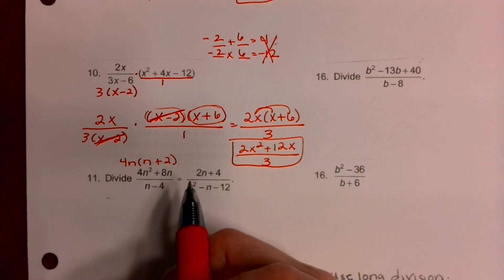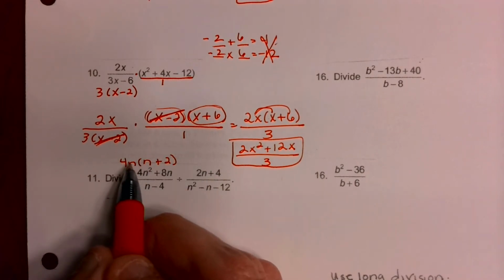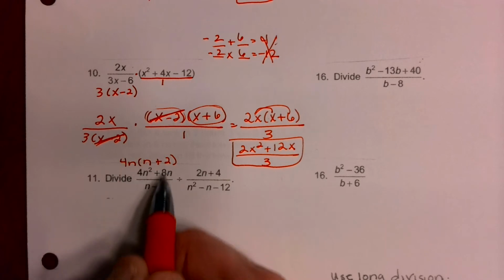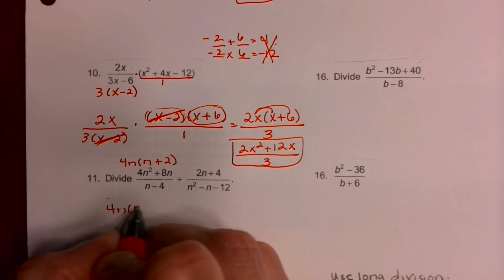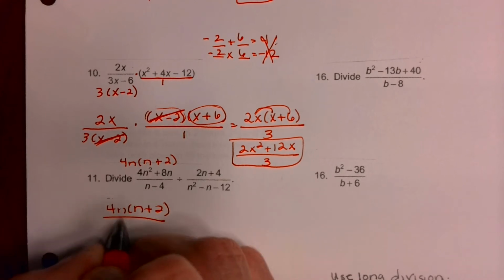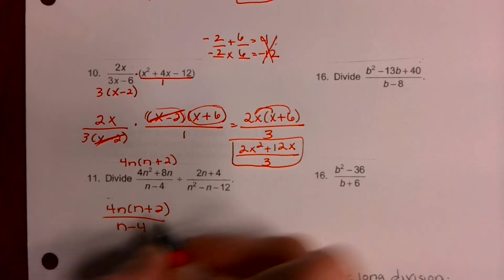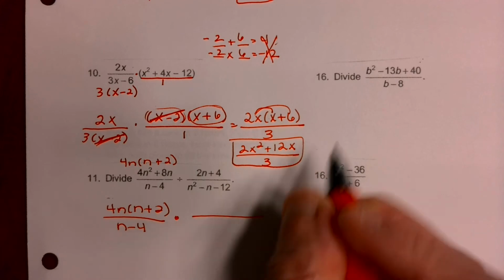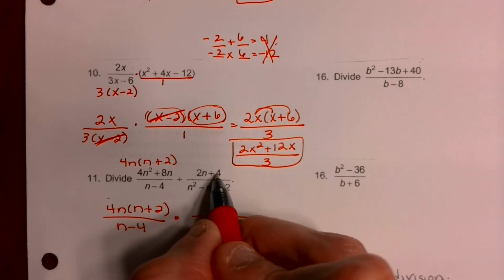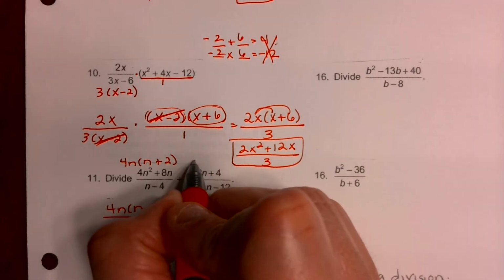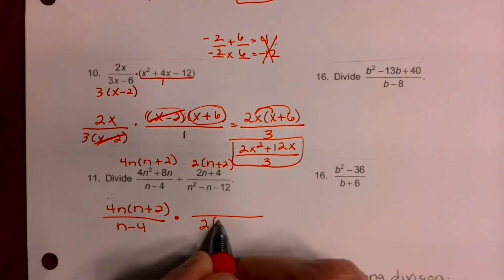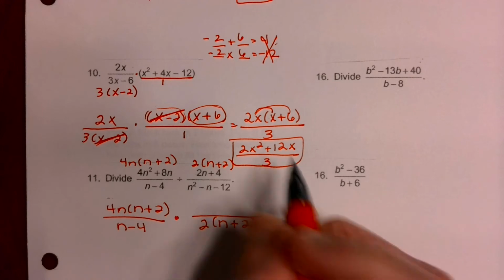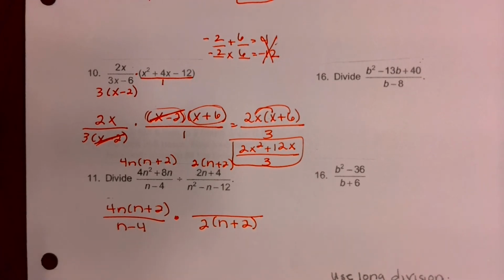If I'm not sure that was right, I can multiply to make sure: 4n squared plus 8n, yes. Okay, I did that right. So I'm going to rewrite that here. Times 2n plus 4. You can factor out a 2. And that goes now on the bottom because I'm changing it to multiplication.